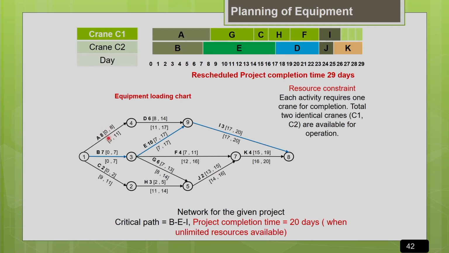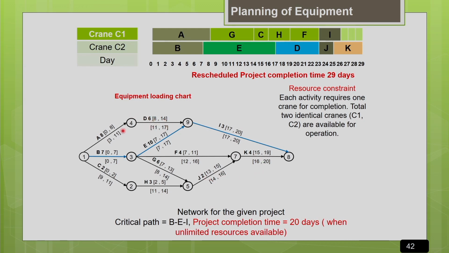How much delay an activity can accommodate without affecting the project completion time is called the float of the activity. That means the difference between the latest start time and the earliest start time is the total float of the activity. Similarly, the early start time and early finish time are indicated for all the activities.